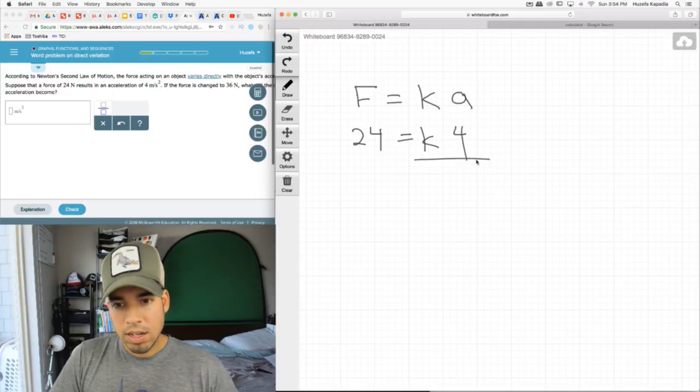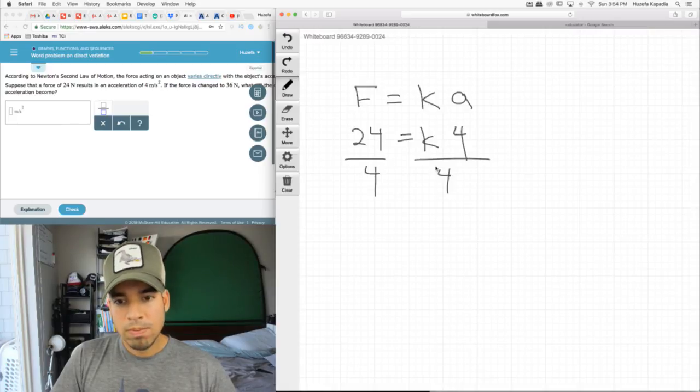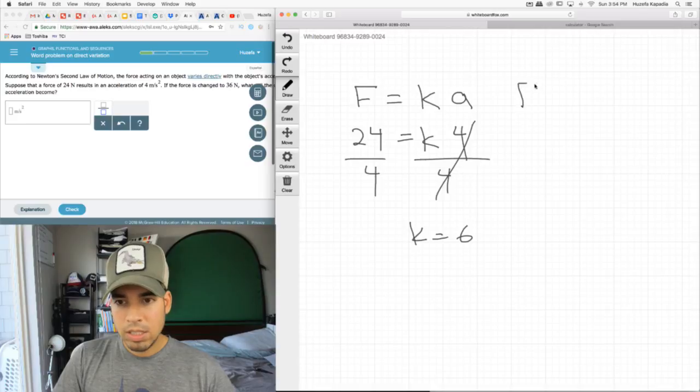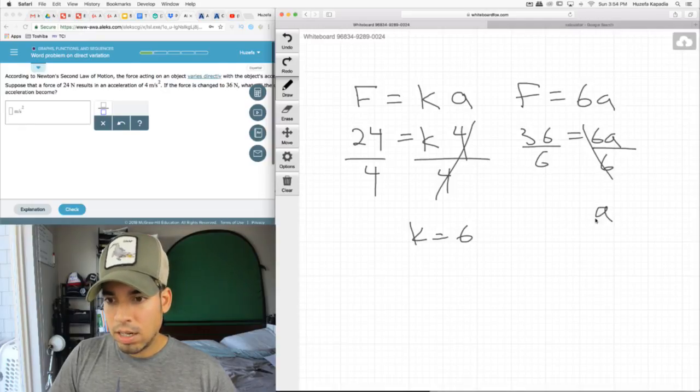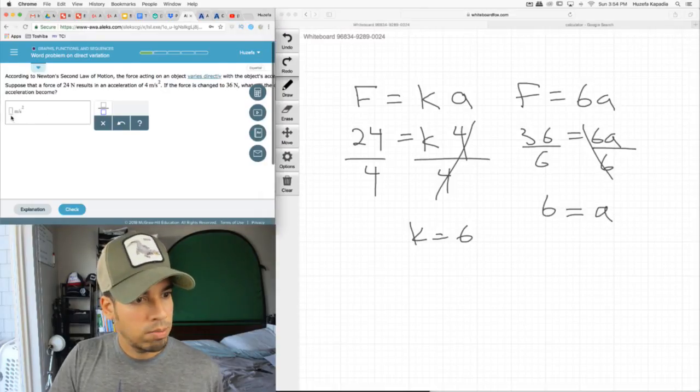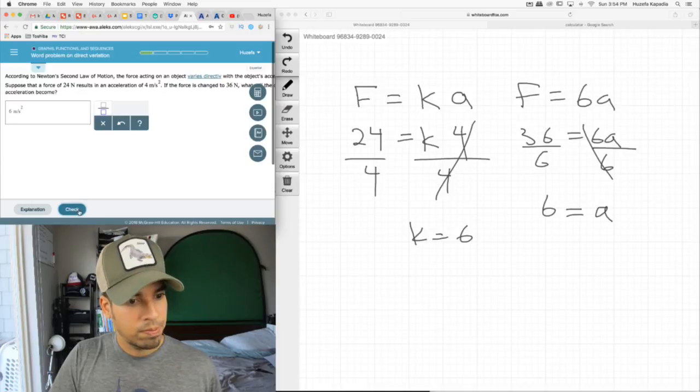Now let's find the constant. I'm going to divide both sides by 4, and my constant is 6. So F equals 6 times A. If the force is changed to 36, what is the acceleration? Let's solve for A: divide both sides by 6, and I get A equals 6 meters per second squared.